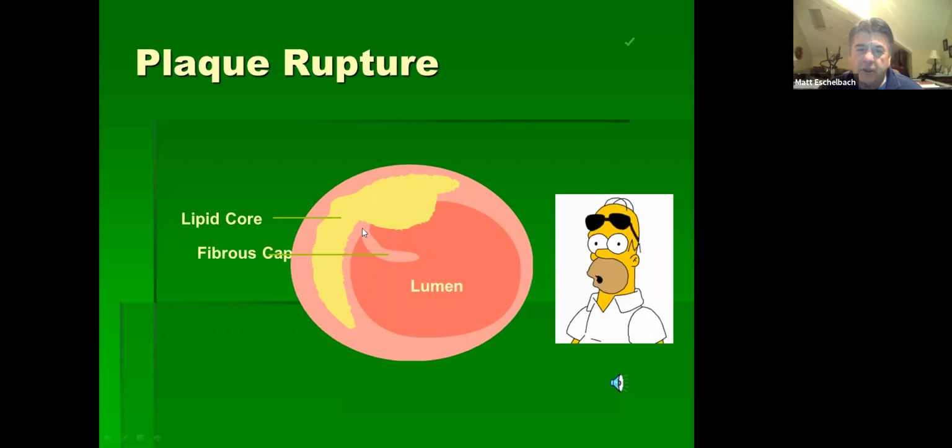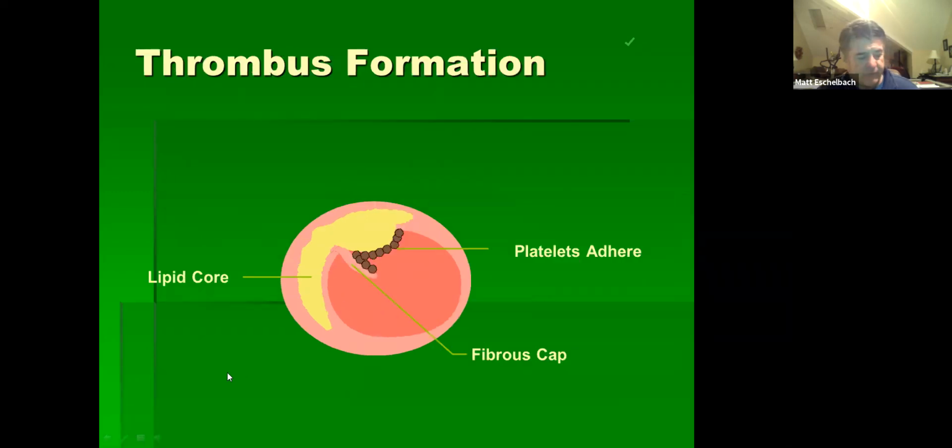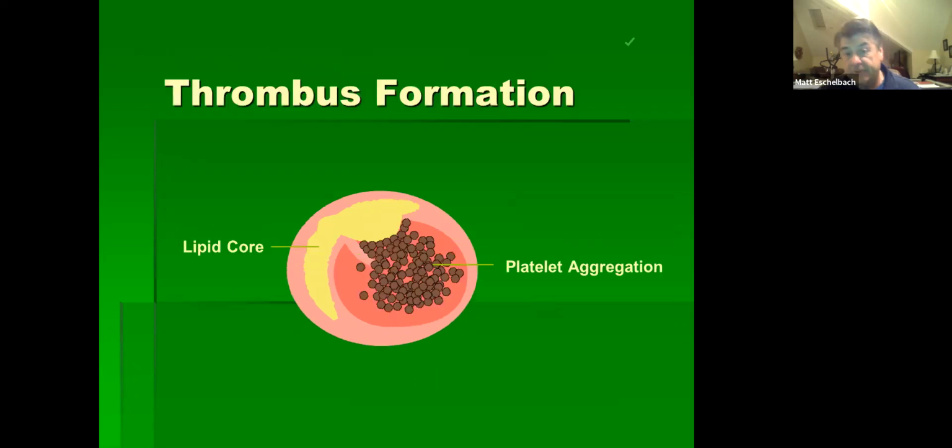All right, so when our lipid core is exposed and this fibrous cap pops off, that's when the lipid core is exposed to the lumen and the platelets begin to adhere. Our very first few platelets grab on, and then it sets a cascade for coagulation.